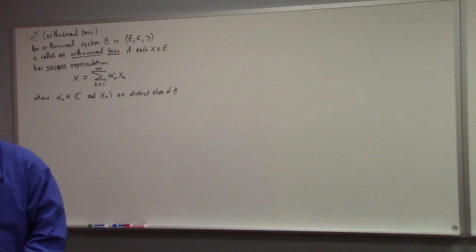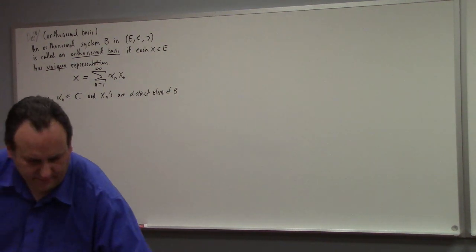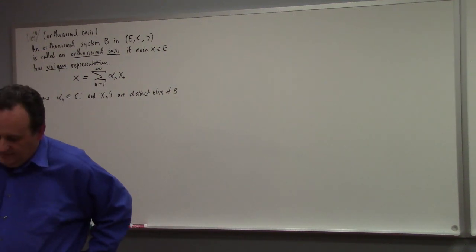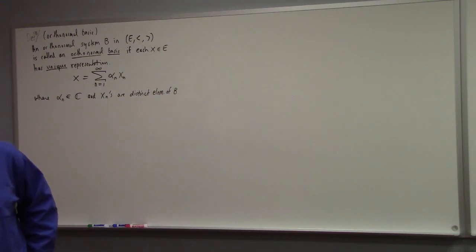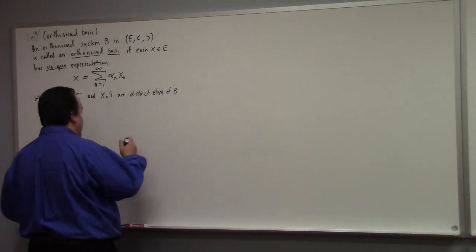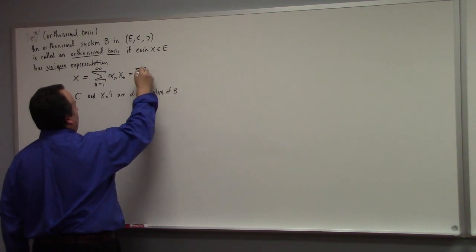Now, we ended on the note that a complete orthonormal sequence is an orthonormal basis. What was meant by complete orthonormal sequence? That was on the page before. To say it's complete is to say every x can be written like this, right?